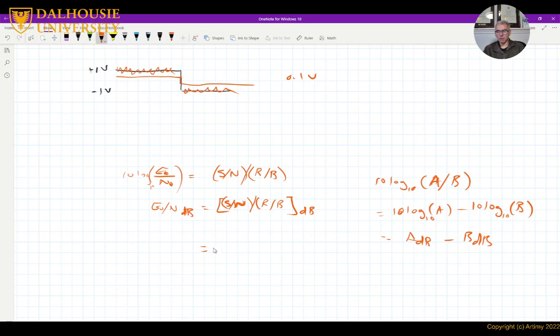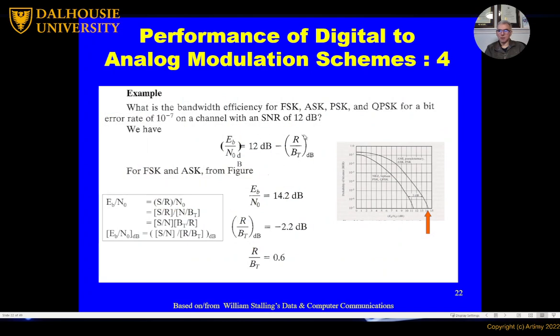So here, this is equivalent to signal to noise ratio in dB minus R over B in dB, right? So that's what we see here at the top. Okay, so this equation at the top came from this one. Just instead of the division here, because it's a log, we replace it by subtraction.